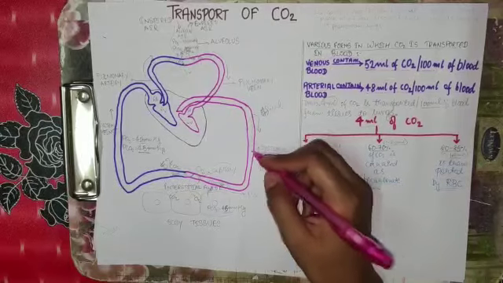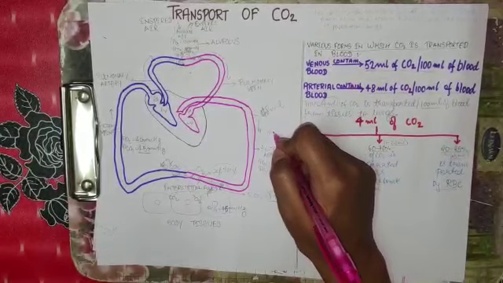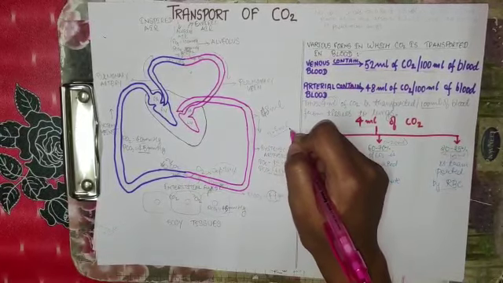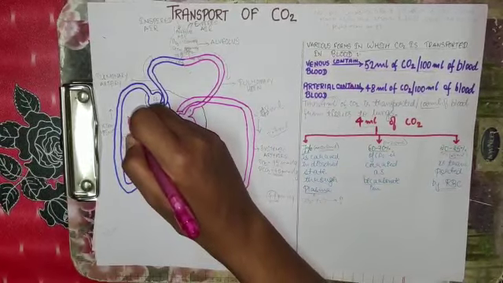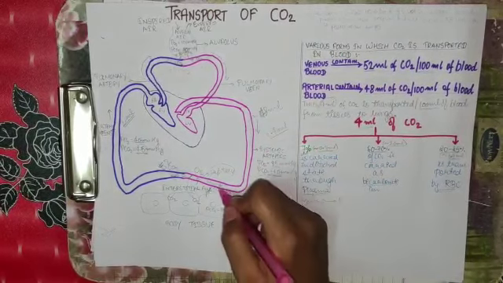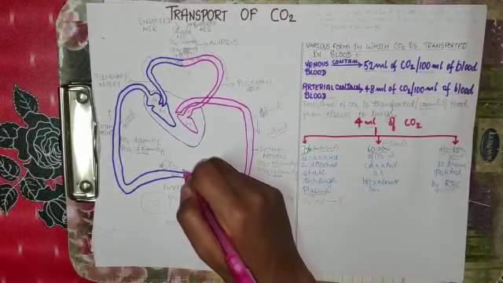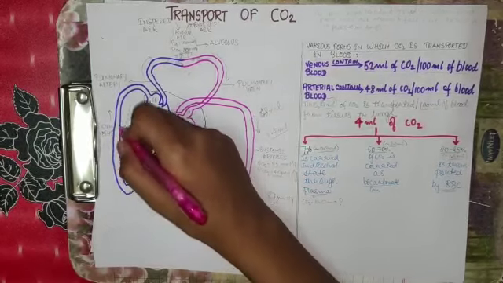In arterial blood, approx 2.4 ml of CO2 is present in dissolved state, and in venous blood, approx 2.7 ml of CO2 is present in dissolved state. So as this 2.4 ml of CO2 in dissolved state reaches the tissue capillaries, it will take the remaining 0.3 ml of CO2 and move to the venous blood.